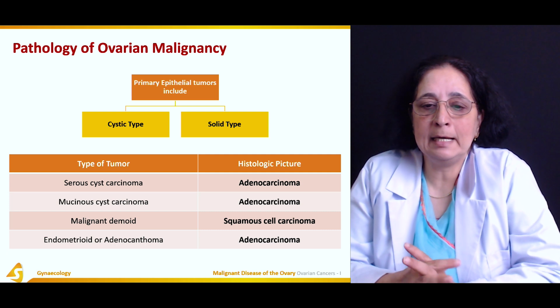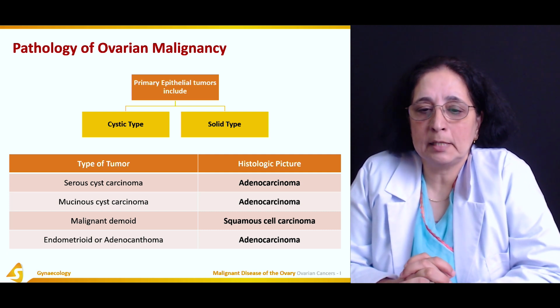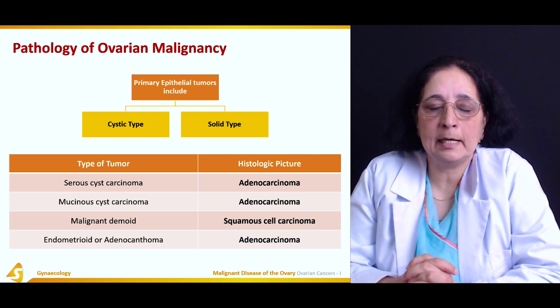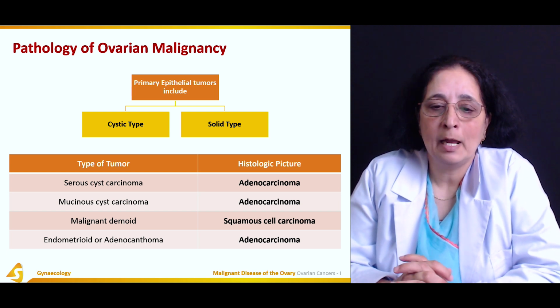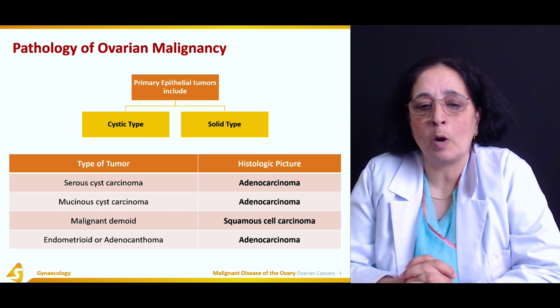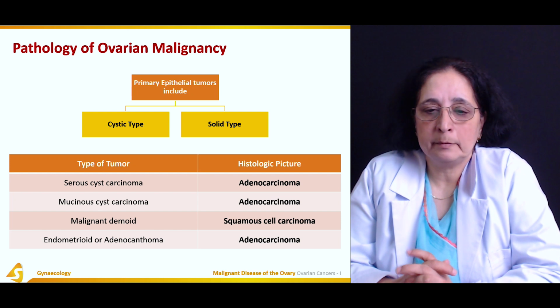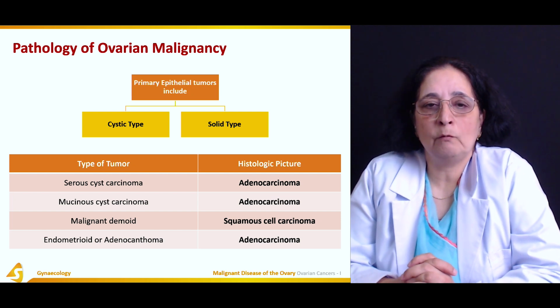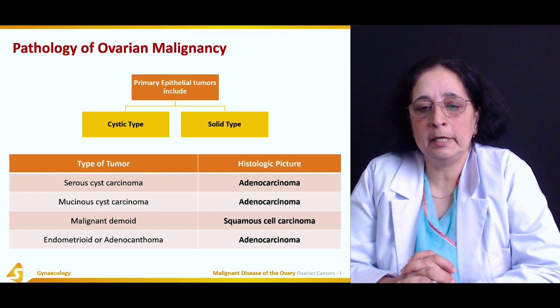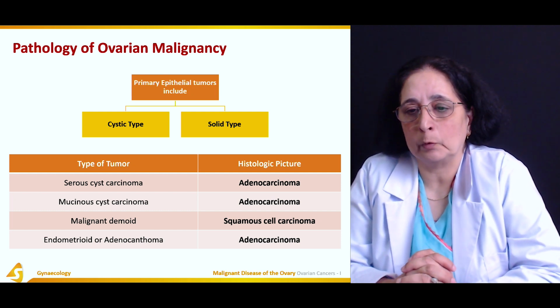Then we have malignant dermoid type of carcinoma, and then endometrioid or adenocanthoma. Adeno is the term used for the glands. So in this, there is involvement of the glands of the endometrium, endometrioid or adenocanthoma.